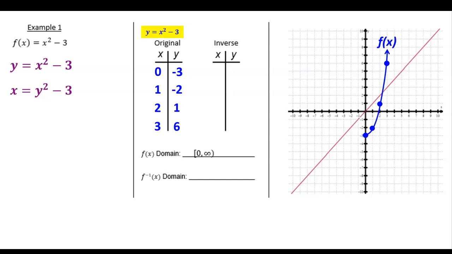What's the opposite of minus 3? Plus 3, yeah. So here we go. We're going to put plus 3 on both sides. Plus 3 here. Plus 3 here. It cancels out on the right. So now I just have y squared. And on the left, it's x plus 3 next to each other, okay?